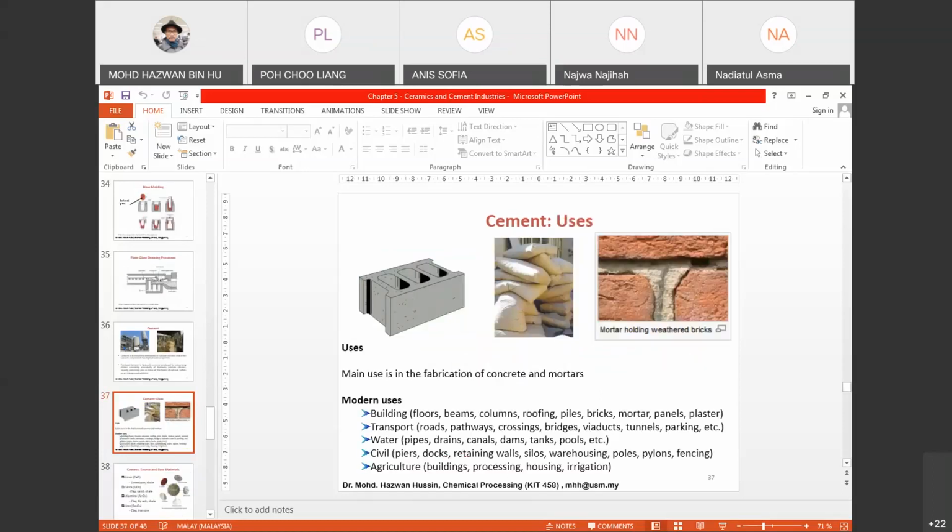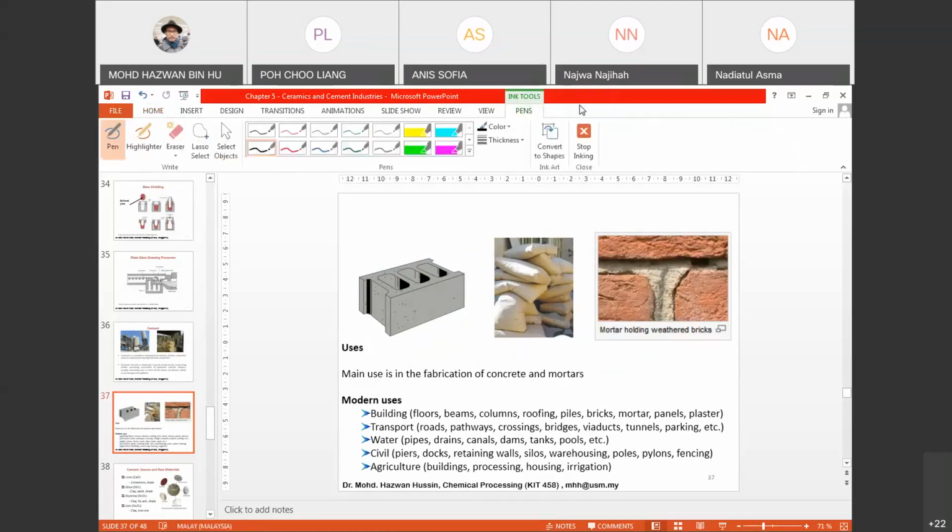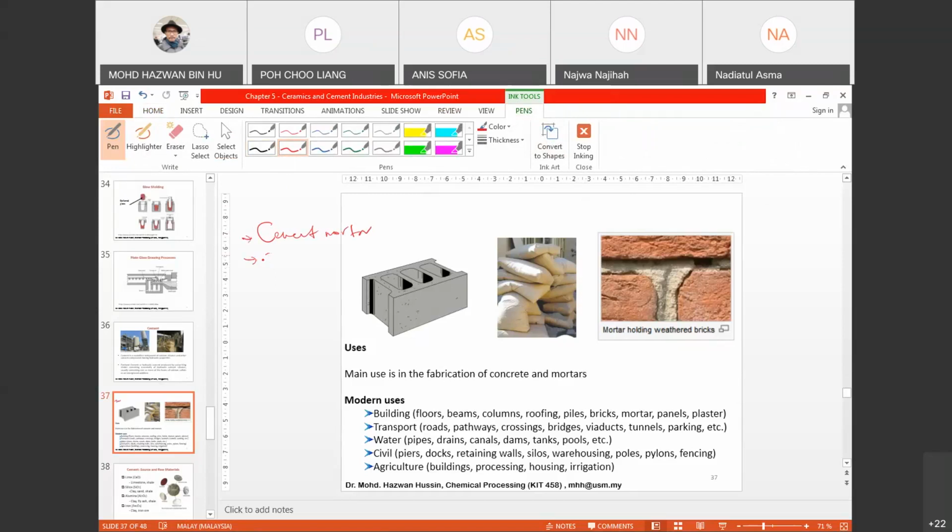The uses of cement, of course, is mainly in the fabrication of concrete and also mortars. So you have different types of cement that perhaps you might not know, but probably I can share. For cement, we have the so-called cement mortar and also cement grout.